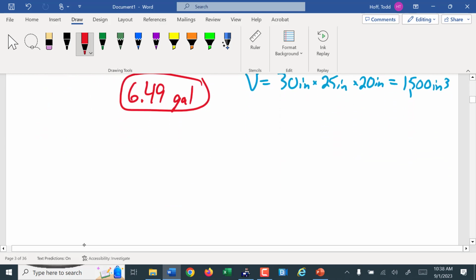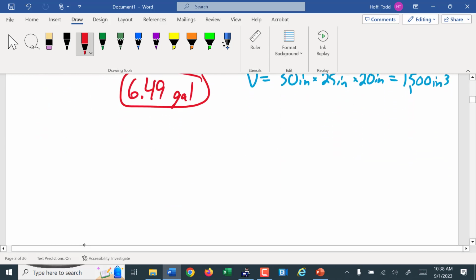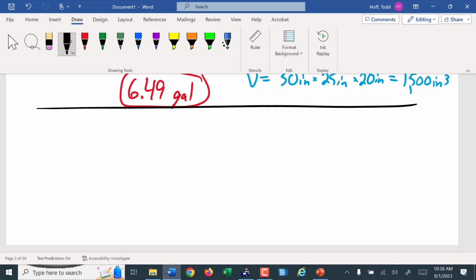Whereas in the metric system, that's a pretty simple conversion, because in the metric system, they defined 1 milliliter to be equivalent to 1 cubic centimeter.